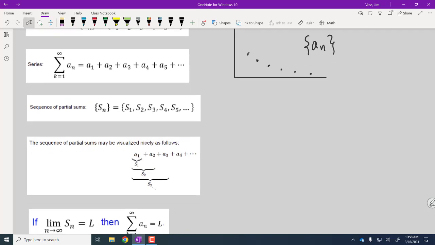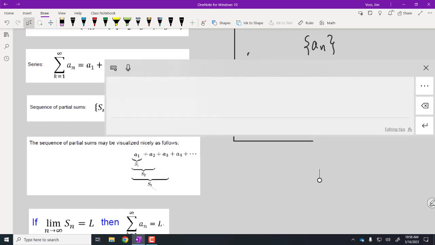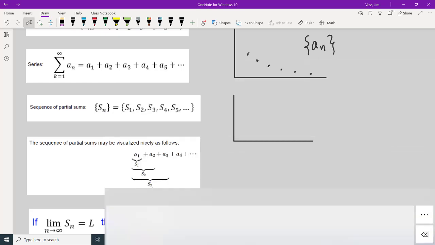The partial sums, the image that you should have in your mind for the sequence of partial sums for a convergent series.